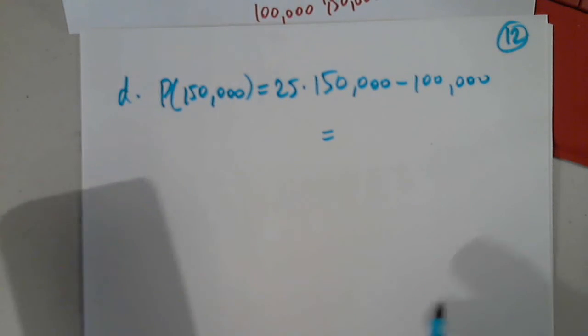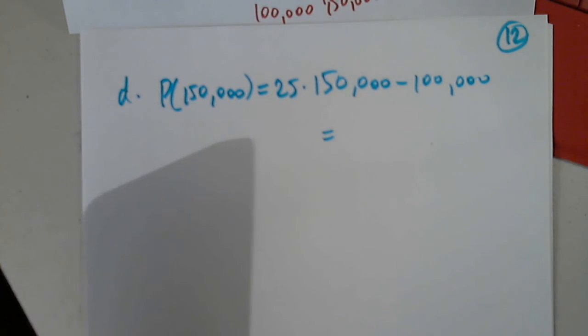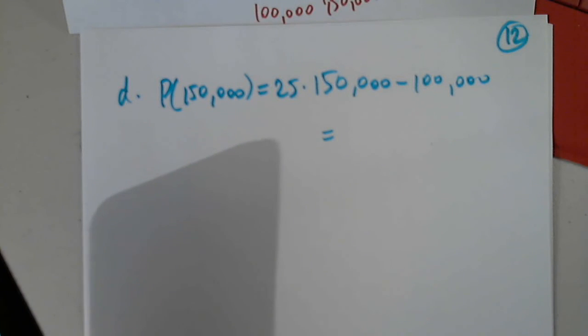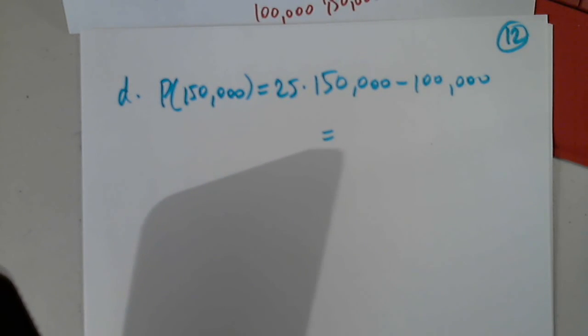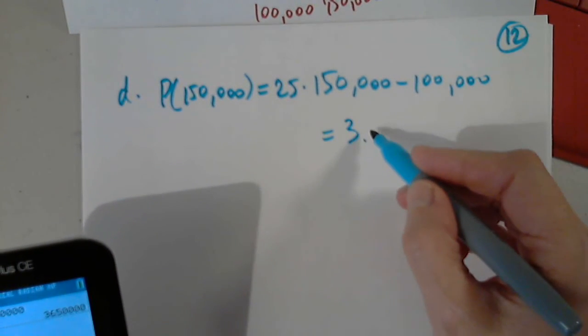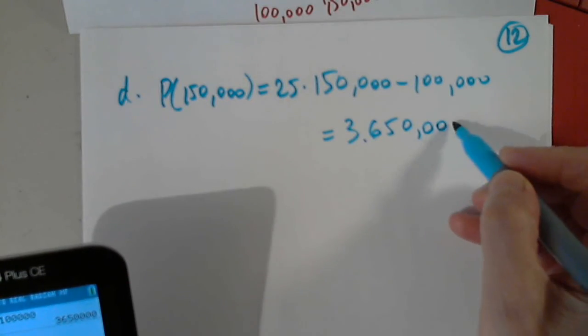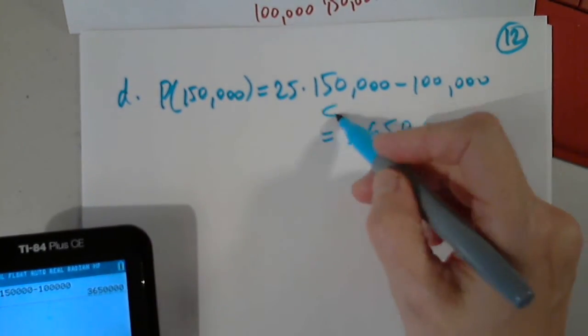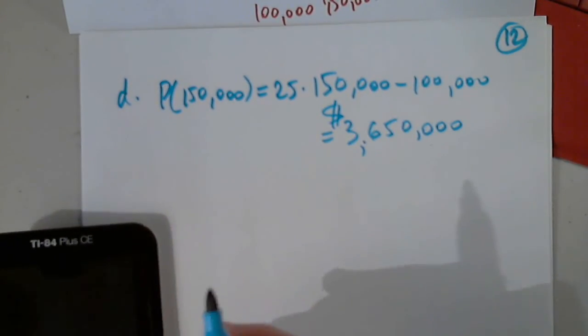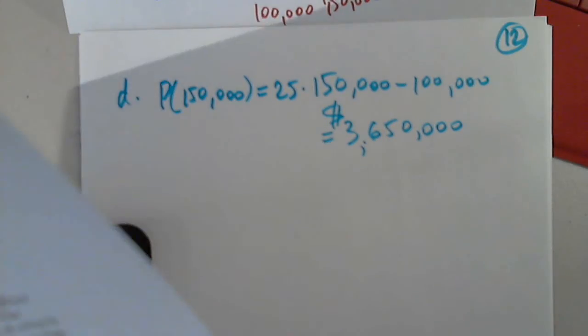And that was 3.6 something million, I think. 25 times 150,000 minus 100,000, which is, yes, 3.65. 3,650,000 dollars, of course.